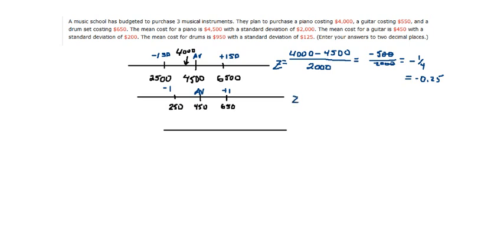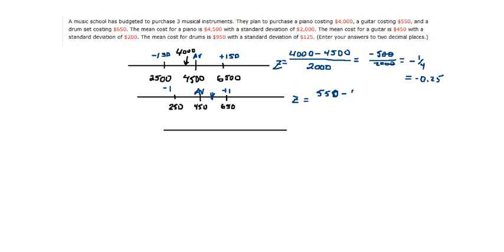So the guitar we want to buy costs $550. Let's think about where that 550 is in relation to the rest of our data. 550 looks like it's right about here in the middle between our 450 and 650. I'm suspecting that's about half of a standard deviation to the right, but let's check that out.